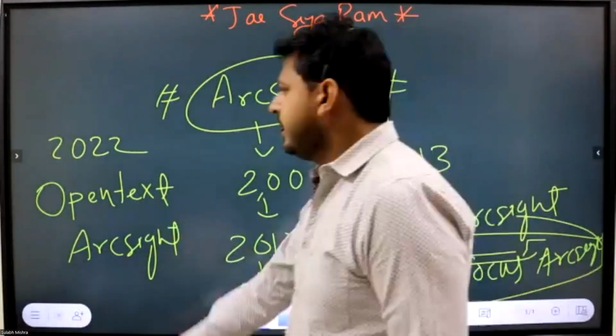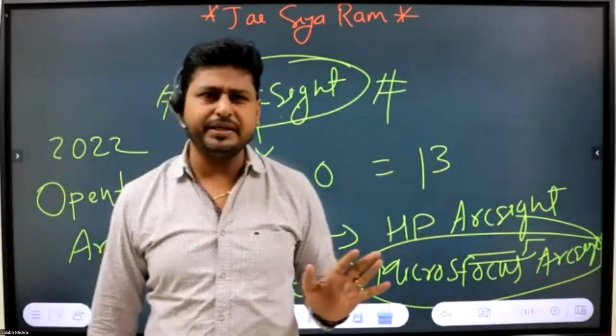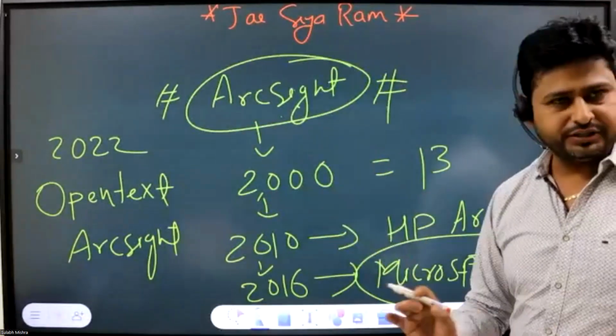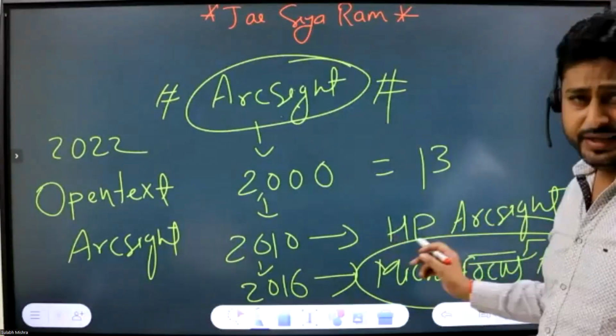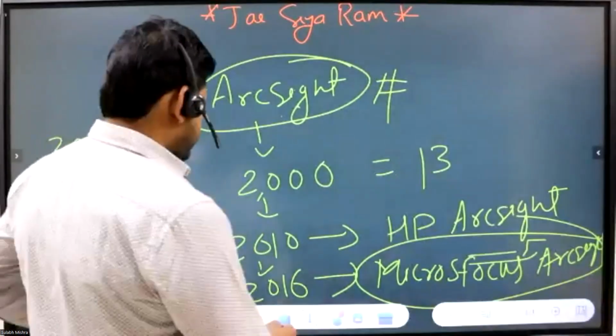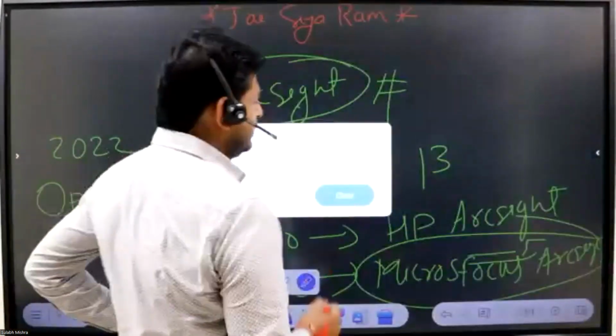The migration has not happened completely, so in documentation you will still see Micro Focus Arcsight, and in older documents you will see HP Arcsight. OpenText is a company name; you can search in Google to get the details. Micro Focus has now been acquired by OpenText, so Arcsight is now OpenText Arcsight.